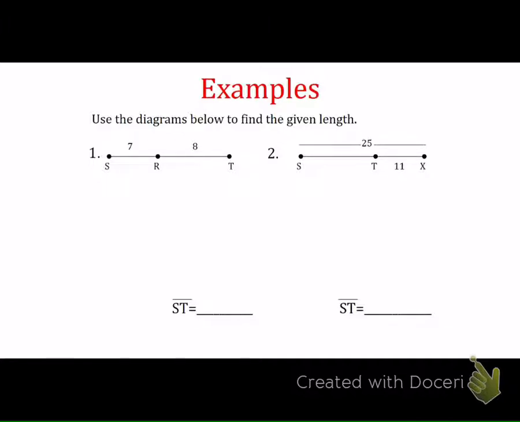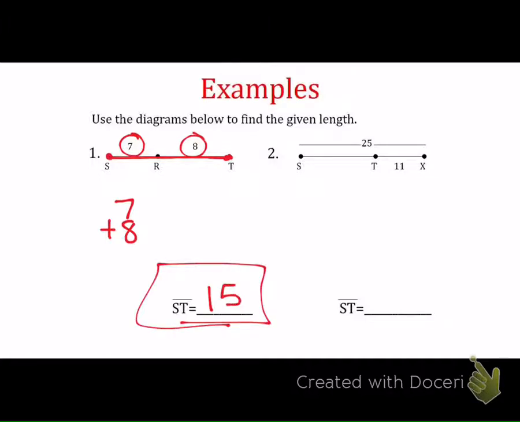So on number 1, ST, I'm going to trace it in red, starts at S, goes all the way to T. That's the whole thing. When I'm looking for the whole thing, what can I do with the two smaller pieces? Add them together. What is 7 plus 8? It's 15. That's the answer for number 1.